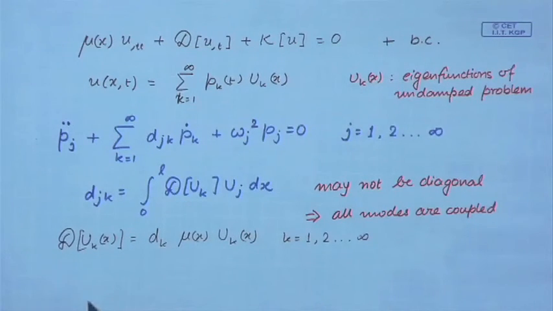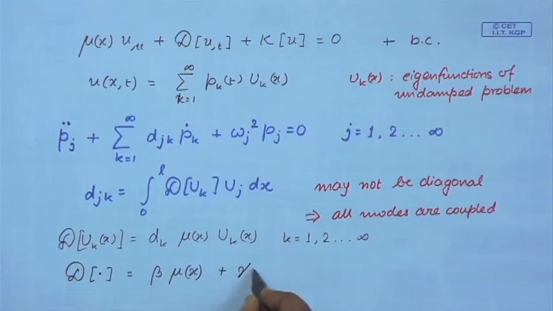One choice of this damping operator for which this happens is when the damping operator is a linear combination of the inertia operator and the stiffness operator.